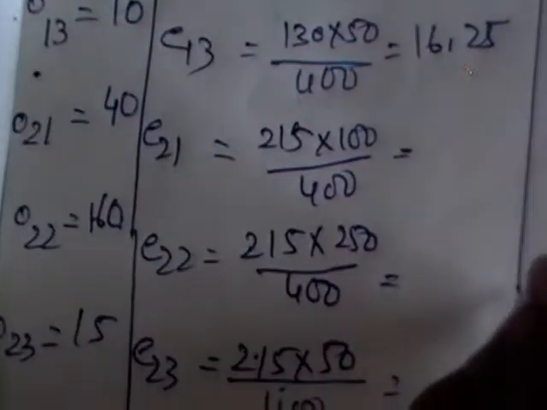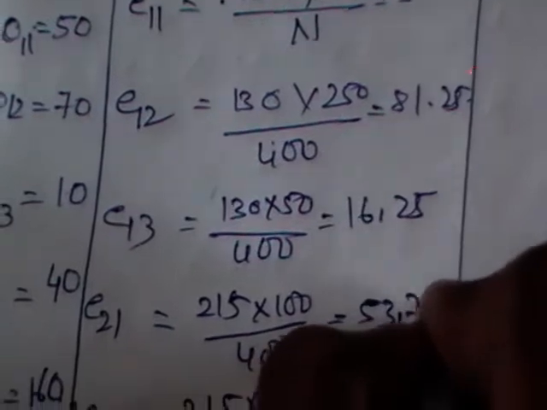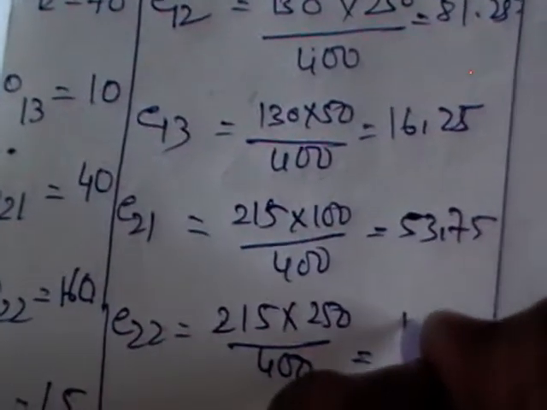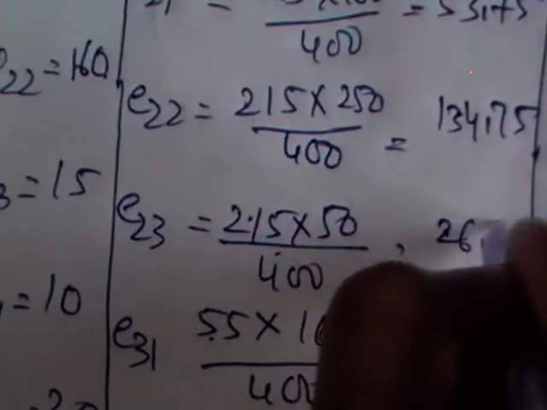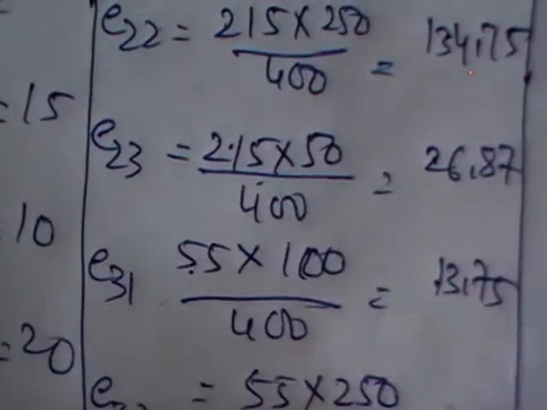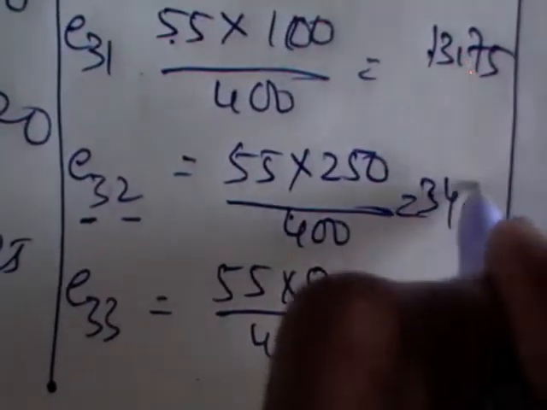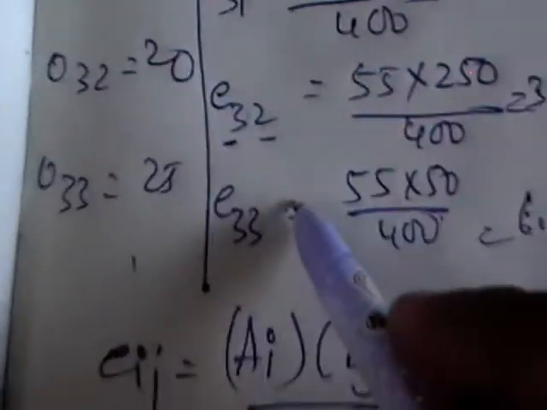So I'll write down the simplified values here. So you have the O's given to you, and you have calculated the E's.